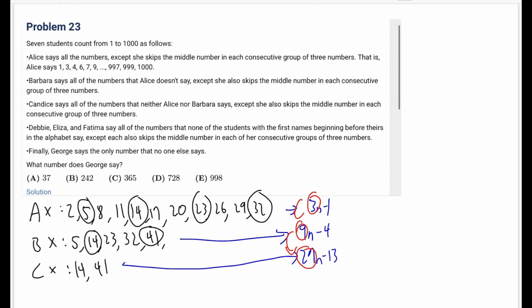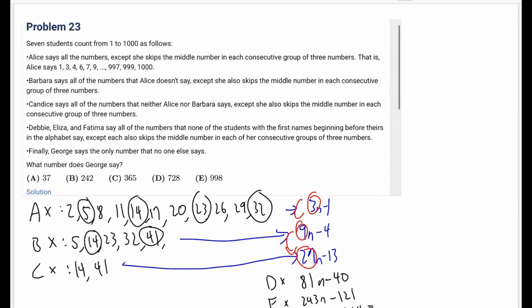And so anyways, the next one will be 27 times 3, which is 81, and then 27 plus 13, this would be 40. So this would be what D doesn't say, 81n minus 40, and then E won't say 243n minus 121. F won't say 729n minus 364.